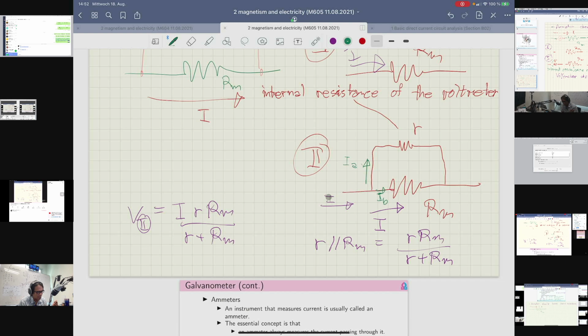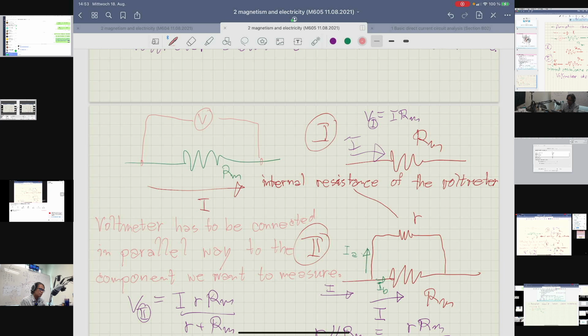Apart from the original resistor, you have something across this one, right? Parallel way to the component we want to measure. All right, and that's the basic background about ammeter and voltmeter.